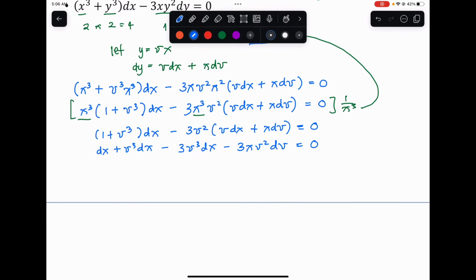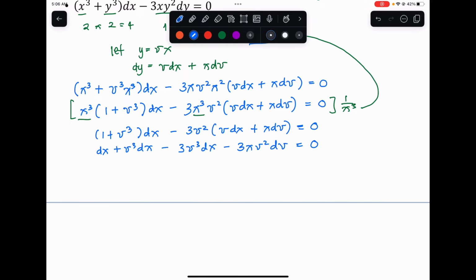So we have dx plus v cubed dx minus 3v cubed dx minus 3x v squared dv equals 0.